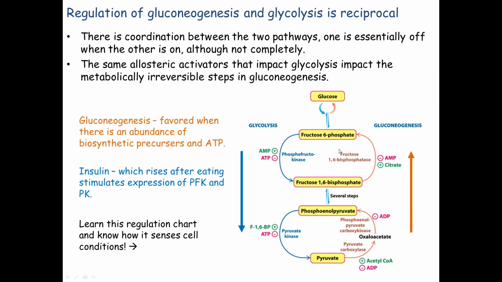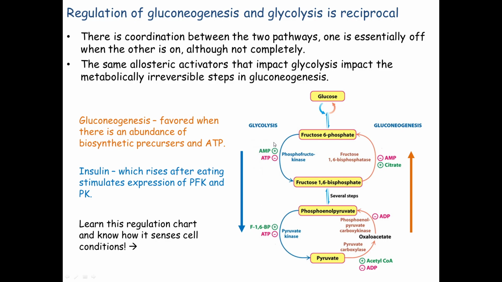Okay. All right, regulation. This one's very simple, just like glycolysis was. Remind me on glycolysis. If you're doing glycolysis, the cell must be in need of ATP, because glycolysis produces ATP, among other things. So ATP concentrations tend to shut down glycolysis, as we talked about.